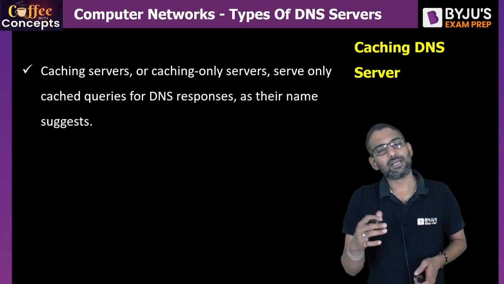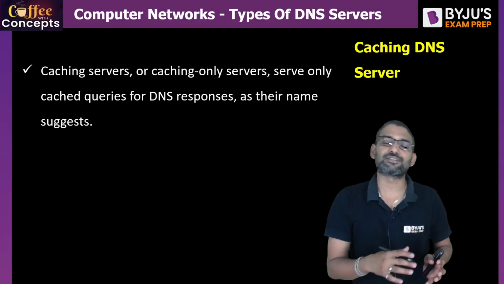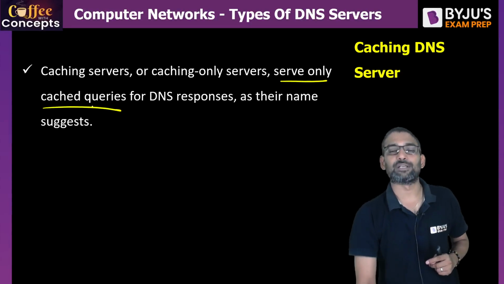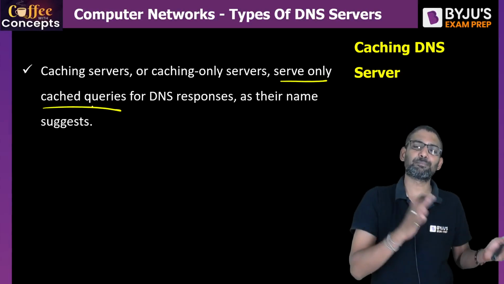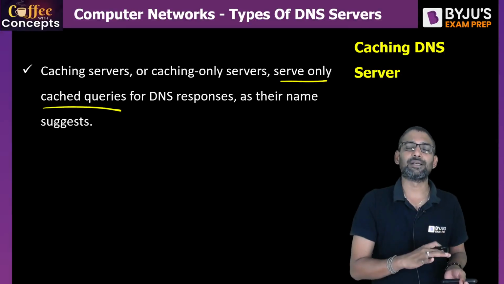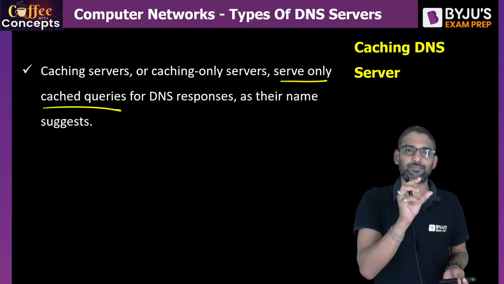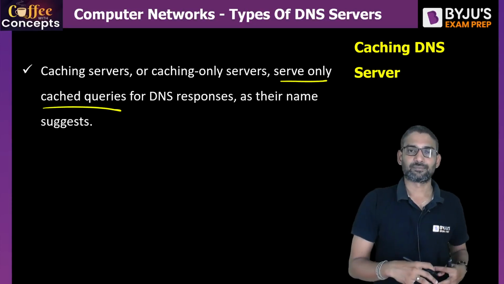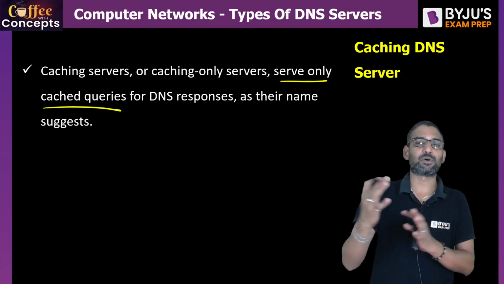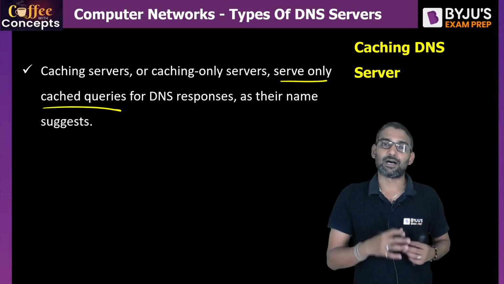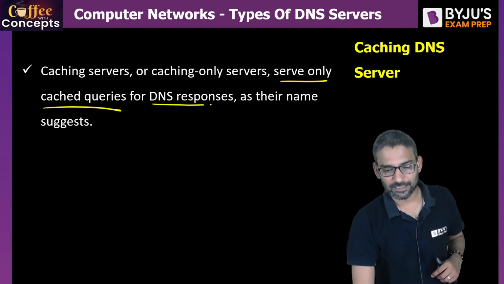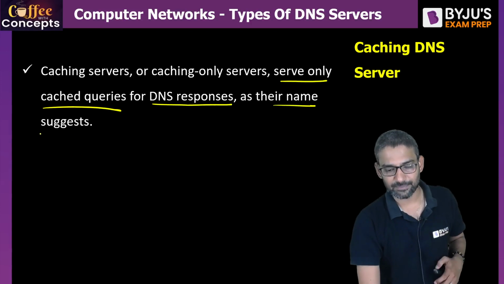In the same way, caching DNS servers or caching-only servers serve only cached queries. Cached means prefetched queries. If the response to that query is already saved, such responses can be automatically replied by this caching server.